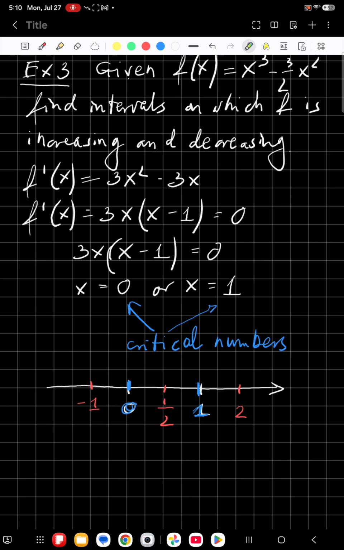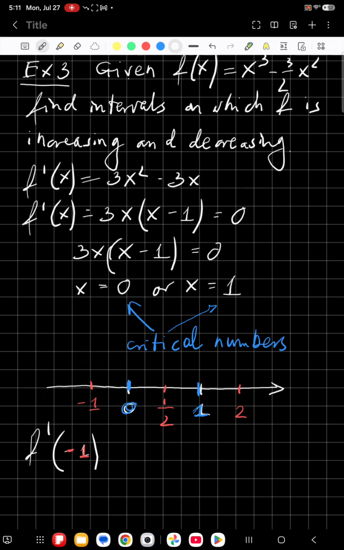Okay, so let's start with -1. Maybe I'll actually do the arithmetic. So we're doing f prime of -1. That -1 came from, I picked that testing number from that first interval, from this interval.